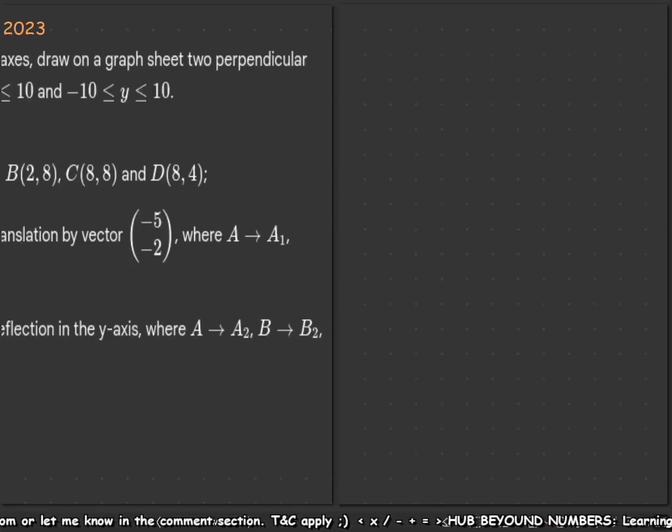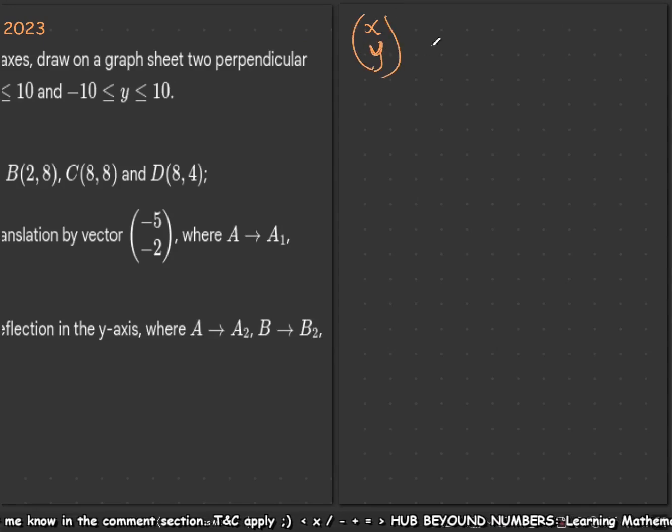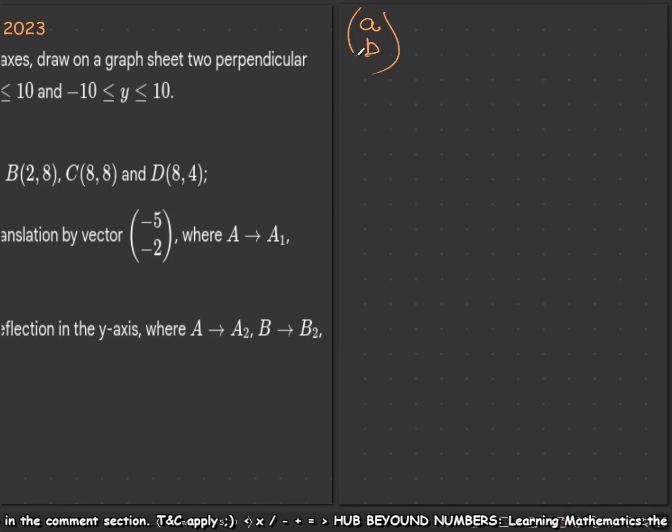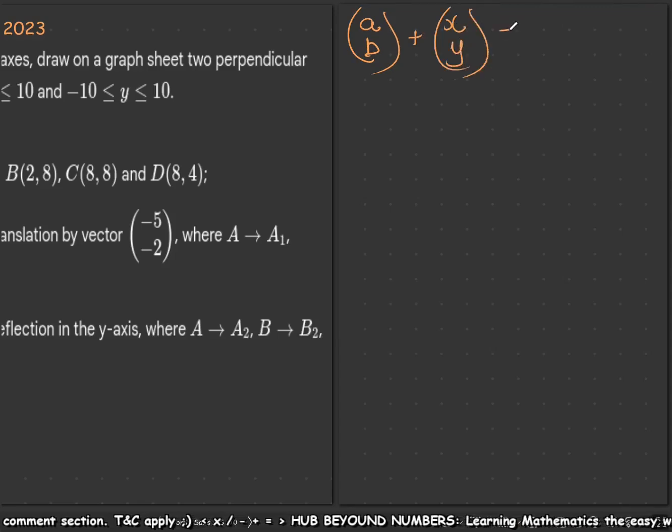Now, if you have a point, let's say a point (a, b), and you are translating it by a vector V, where V is (x, y), all you need to do is add the corresponding components.